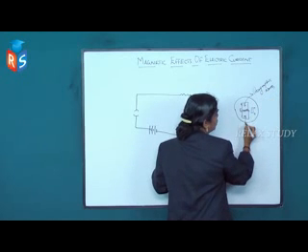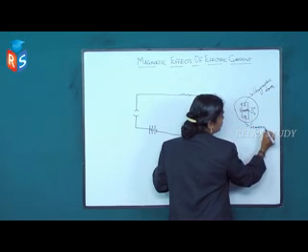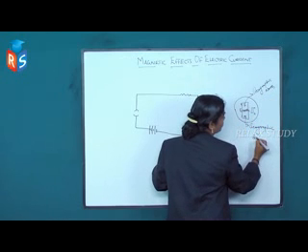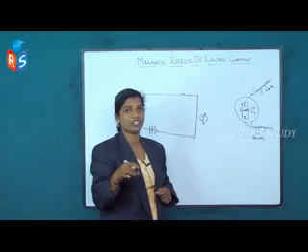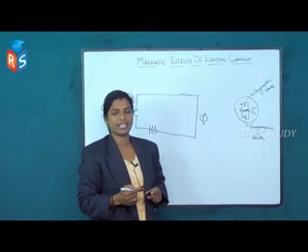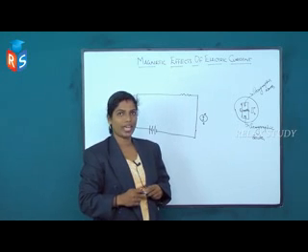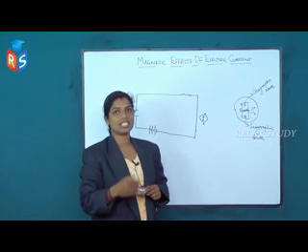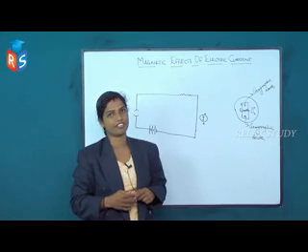Similarly, the magnetic north represents the geographic south. Fine? So any magnetic material, if you make it rotate freely, will finally settle down pointing in the north-south direction because it is responding to the Earth's magnetic field.